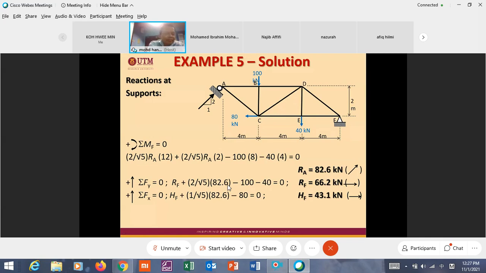Now, similarly, we start from the reaction at support. I don't have to go into detail here. You have to understand how to calculate the reaction at support.